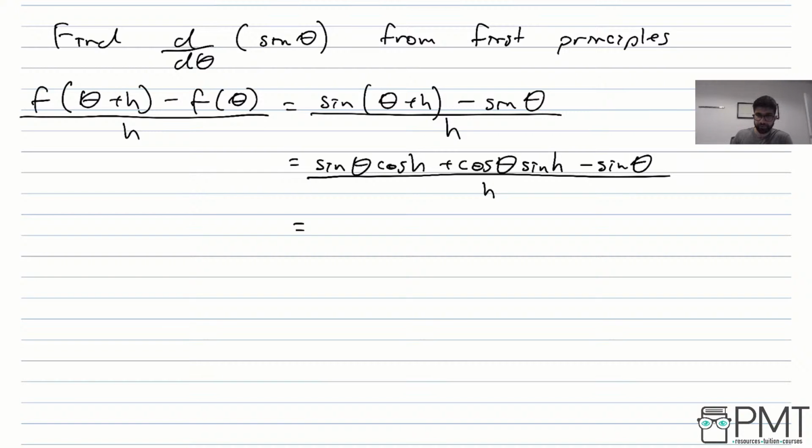And remember, if you did trig differentiation, you would know we are aiming to get from sine theta, the answer at the end will be cos theta. So we can factor out a sine theta.